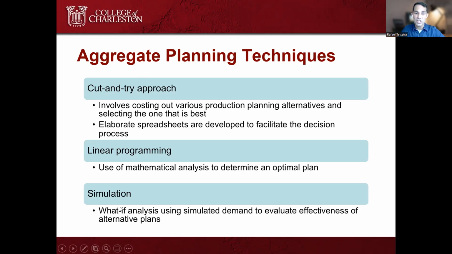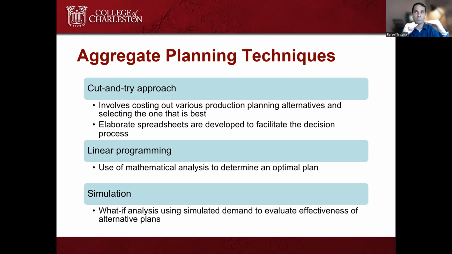Finally, we have simulation, and simulation is more of a what-if analysis. We have a scenario, and then you change one variable and see what happens. Then you change another variable and see what happens. For example, if I produce more queen beds this time, what happens with my production? Well, I don't have enough people.